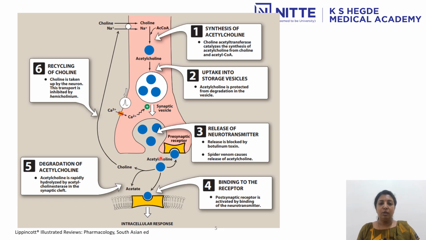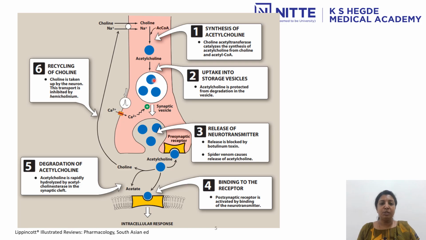Here you have the cholinergic nerve ending. Choline from the extracellular fluid is transported into the axon of the cholinergic nerve terminal using a transporter. This is a rate limiting step, and this choline is acetylated with acetyl coenzyme A with the help of the enzyme choline acetyl transferase, leading to the synthesis of acetylcholine.